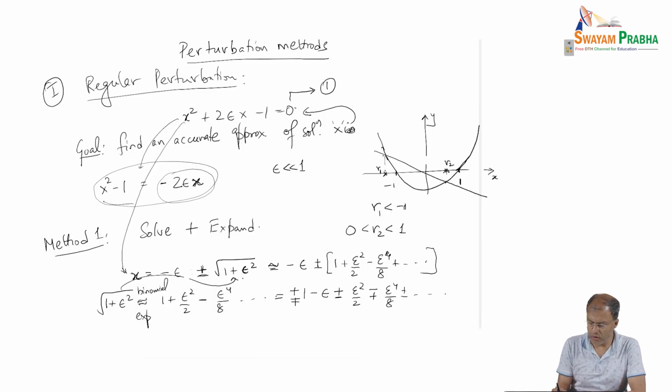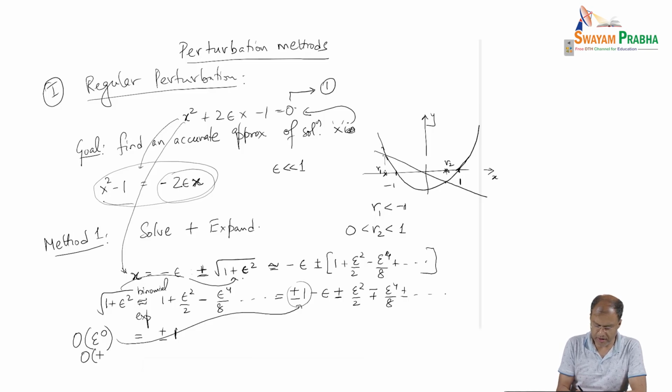The important thing to note is that if we want to see the leading order solution to this problem, the leading order solution is epsilon to the power 0. We see that the two roots are plus minus 1. As expected, when we put epsilon equal to 0, the two roots are the roots of the parabola.